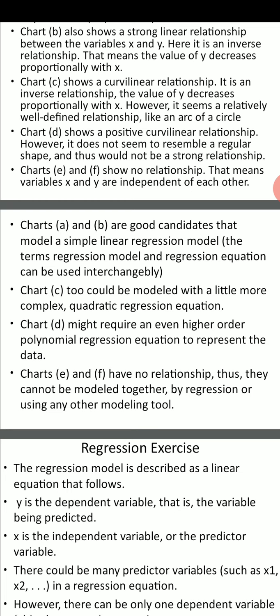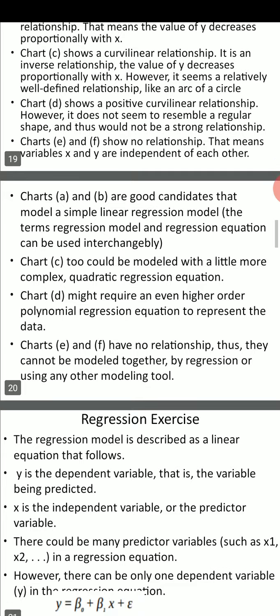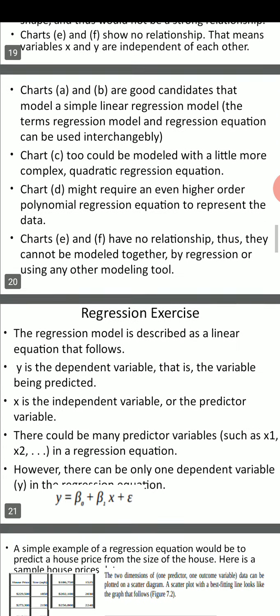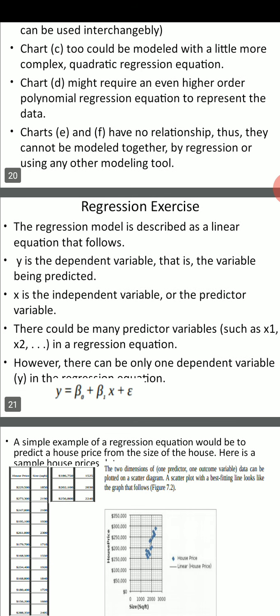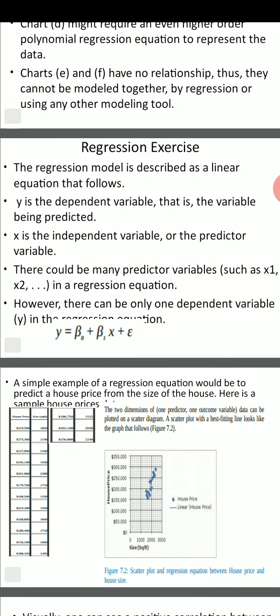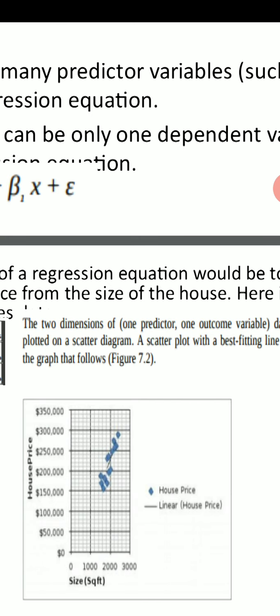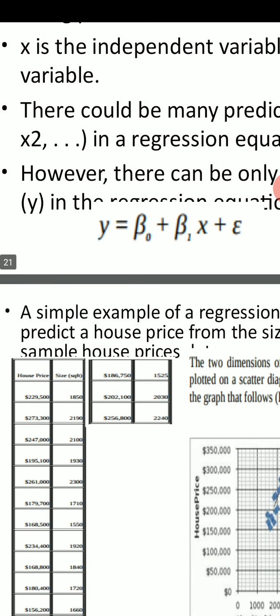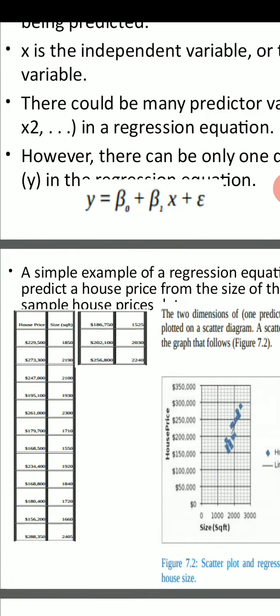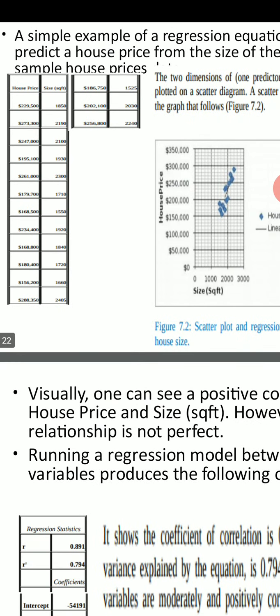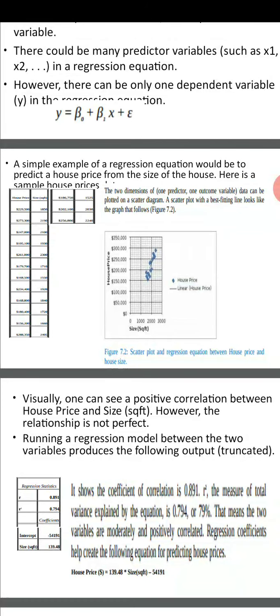Chart D might require an even higher order polynomial regression equation to represent the data. Here is an exercise with respect to the cost of house price, which you can work out as an assignment or look into later.